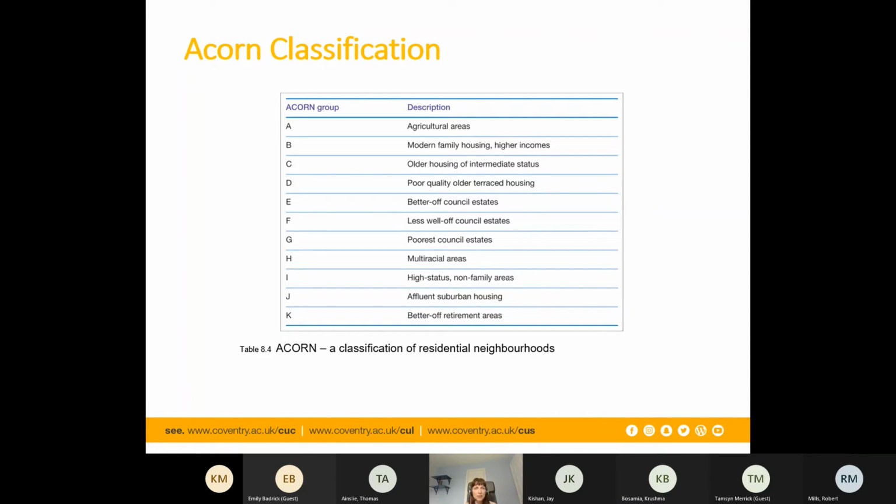Quite often if you're going for better off council estates, you will find people are eating out too because they've got reasonable jobs and potentially some disposable income. Then modern family housing, higher incomes, they're possibly eating out more regularly, the weekly going out. So we can start to pick a mix of who you see.